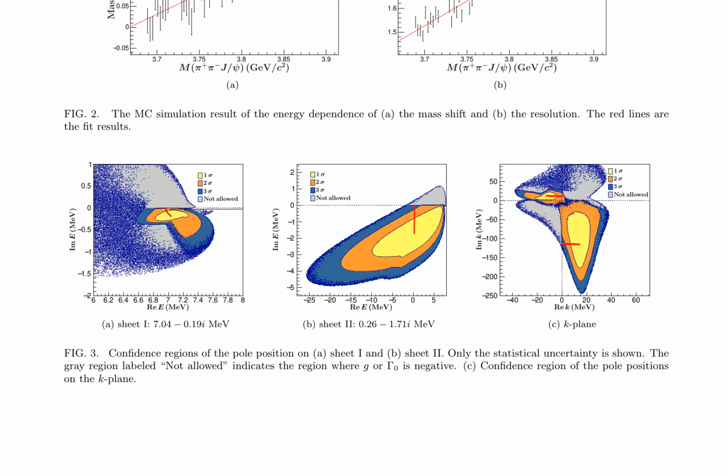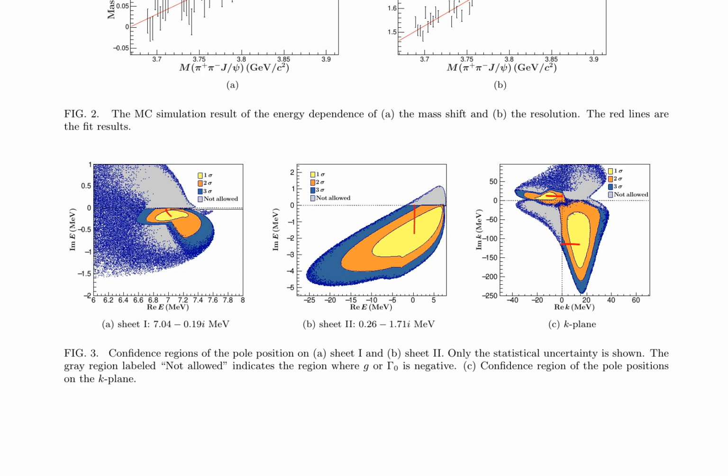Figure 2b displays the mass resolution, with a fitted function f(x) equals 2.07 MeV times x to the power of 6 MeV/c², indicating a substantial decrease in mass resolution with increasing invariant mass.